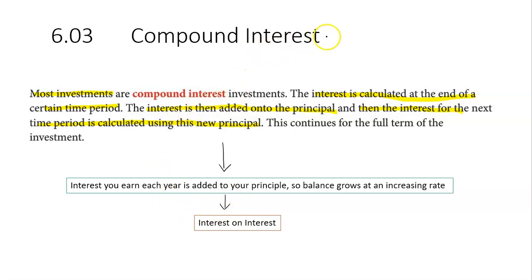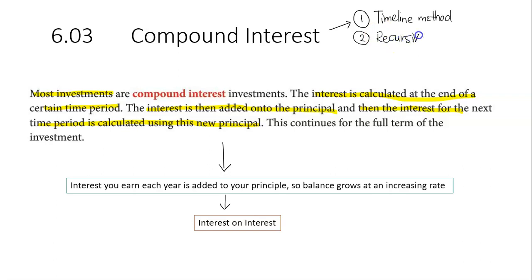Under this section, you are going to learn a few methods to calculate compound interest. The first method is the timeline method, which I think is quite useful, but it is a long, tedious method. Second, you're going to use the chapter 5 recursive rules.